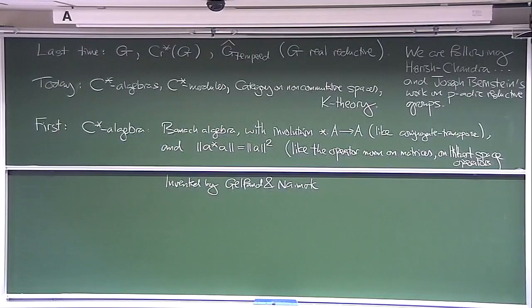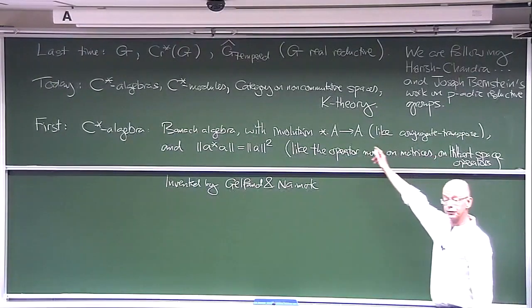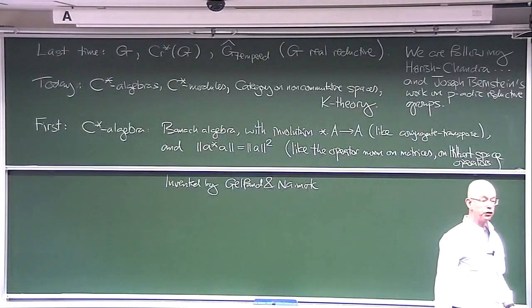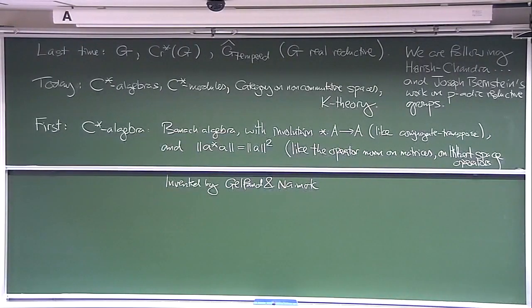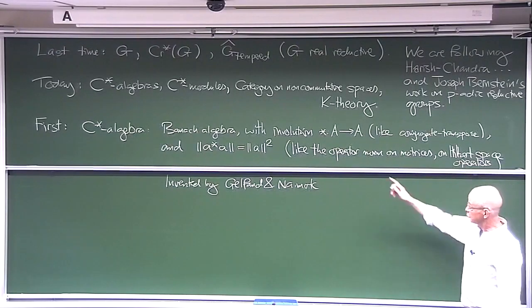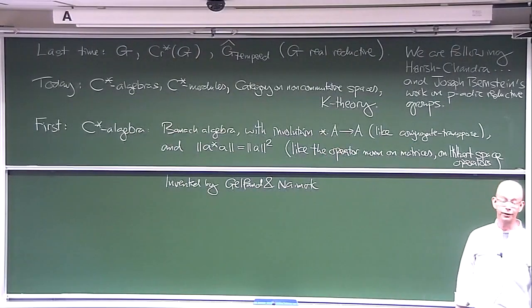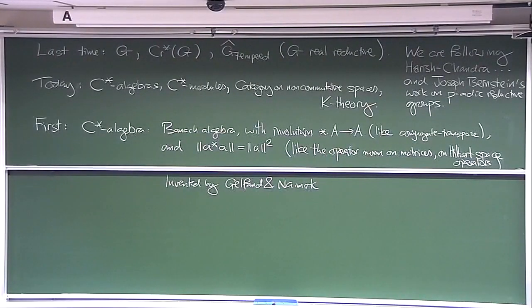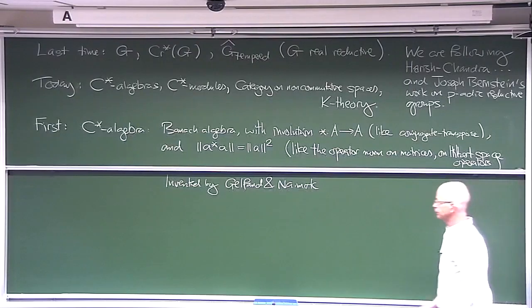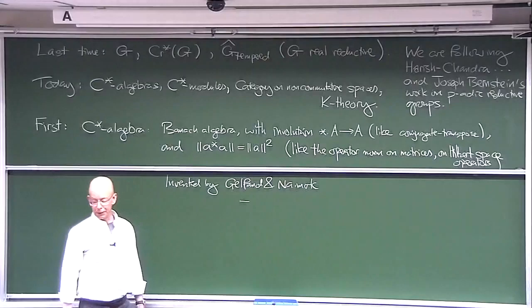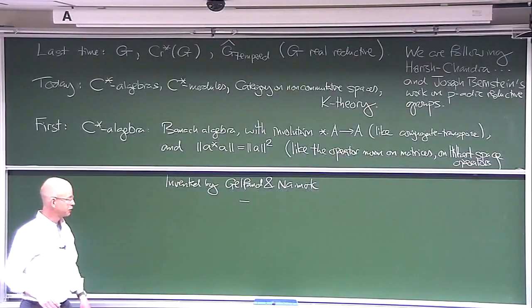And eventually it turned out that with these axioms, it's possible to take A and faithfully, in fact isometrically, represent A as an algebra of Hilbert space operators in such a way that the adjoint operation becomes the usual adjoint operation on operators, conjugate transpose. So there are three big theorems and then a whole bunch of little theorems.